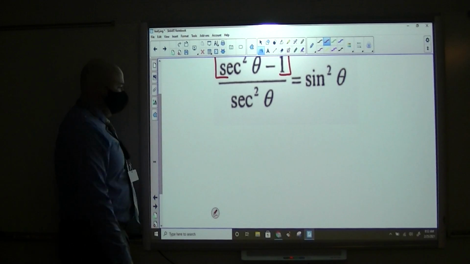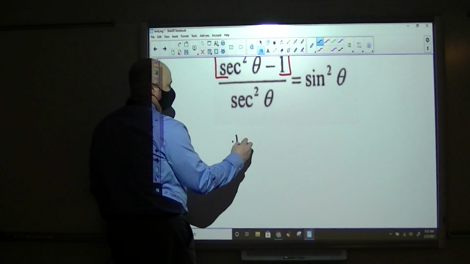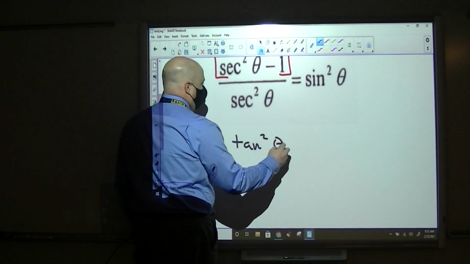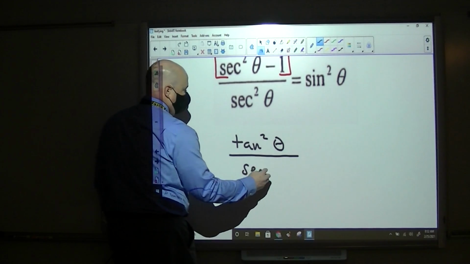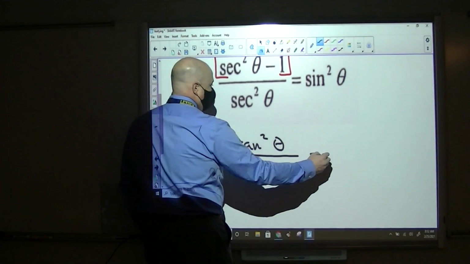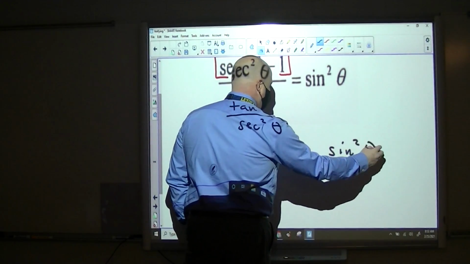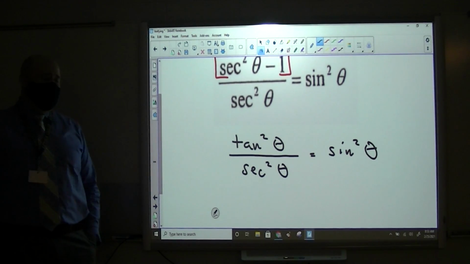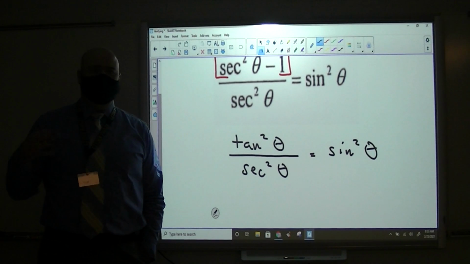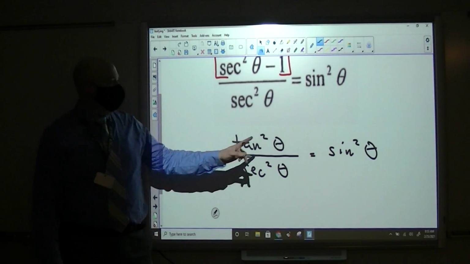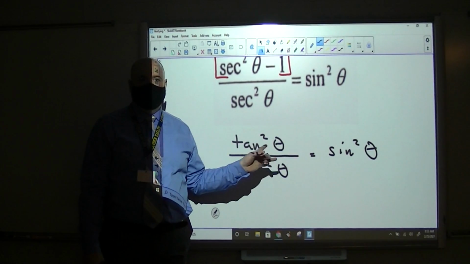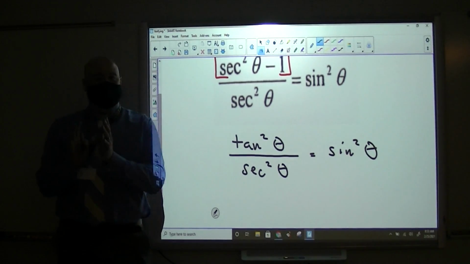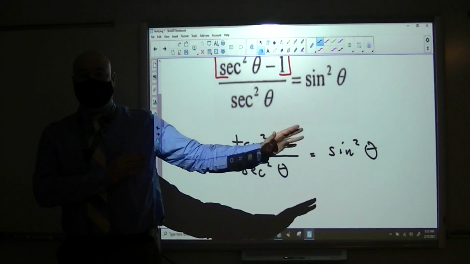So now this problem says tangent squared theta over secant squared theta equals sine squared theta. Now, keep in mind, I'm going to keep saying this every time we do a verification problem. They're telling you what the complicated side should end up looking like.